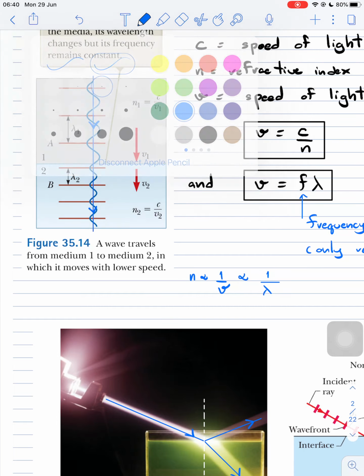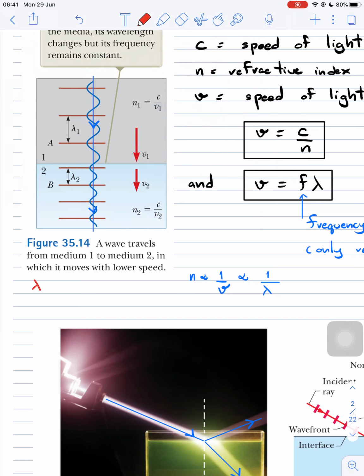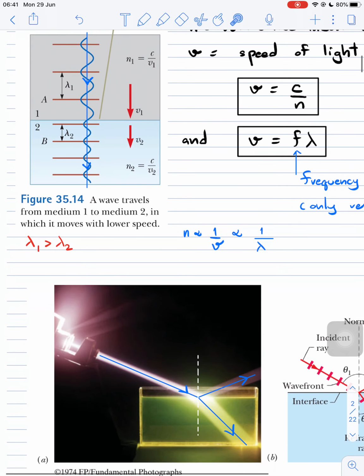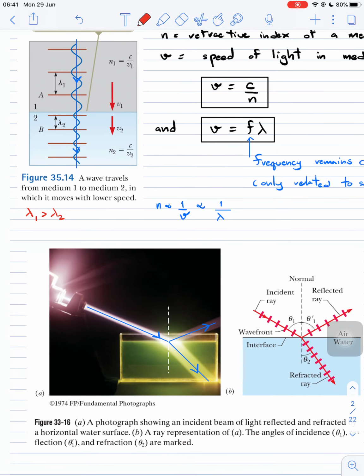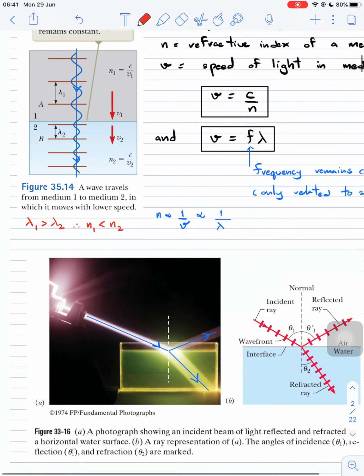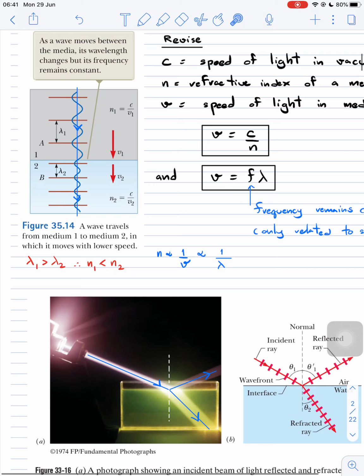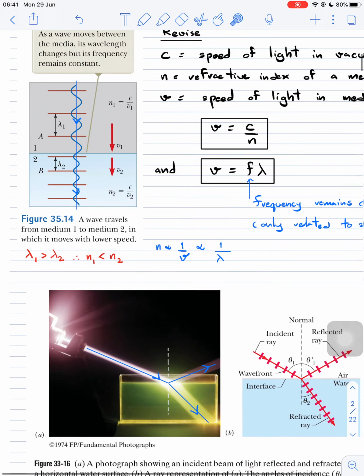So lambda 1 is greater than lambda 2. If the lambda is large, it means that n is small, so n1 should be less than n2. So the light comes from a lower refractive index to a higher refractive index, for example from the air to the glass, because the index of the air equals 1 and the glass equals 1.5. Remember from the previous chapter.